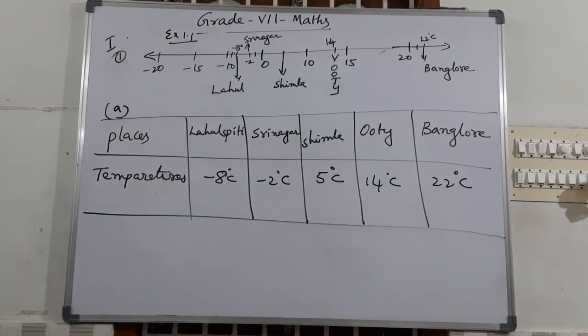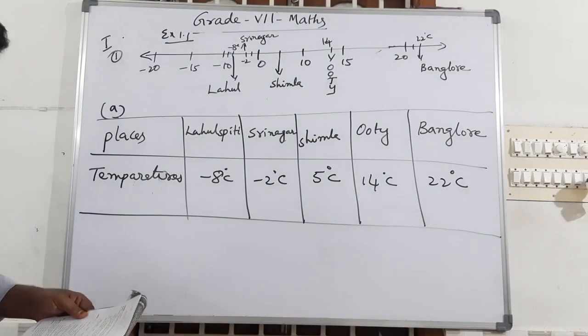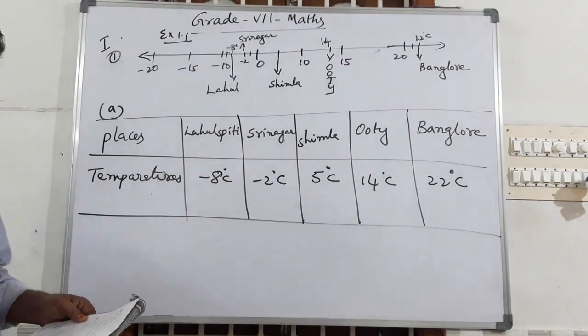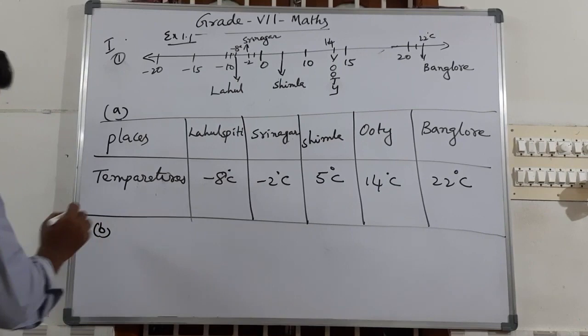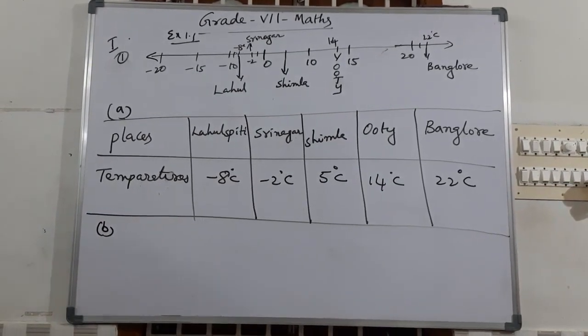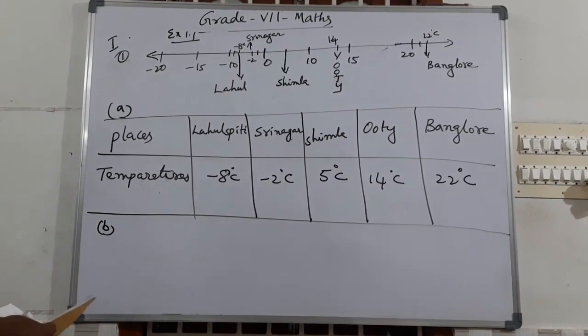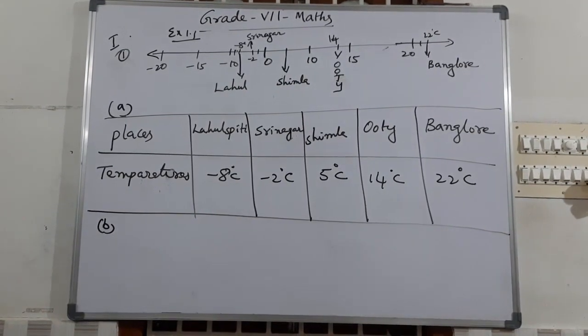And the second question, what they are asking is, what is the temperature difference between the hottest and the coldest places among the above? B question. In this B question, the difference between the hottest place and the coldest place. The hottest place is Bangalore.